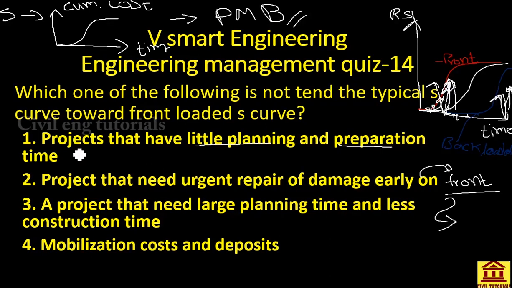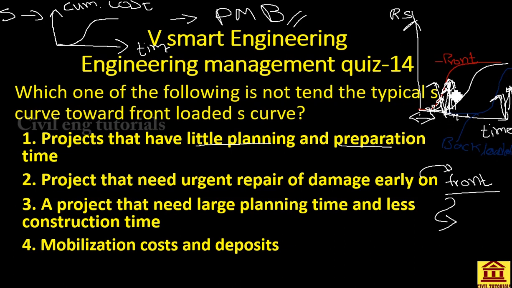Let's consider the first instance, a project that has little planning and preparation time. If you have little planning and preparation time, the time for preparation and planning is less, so you have to incur expenditures very soon.